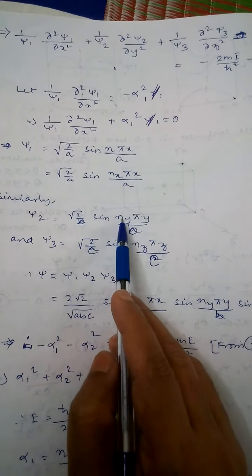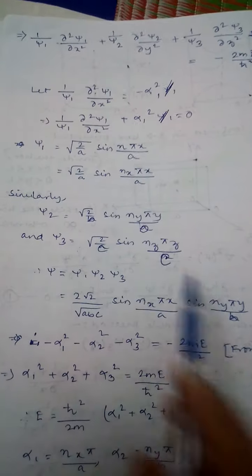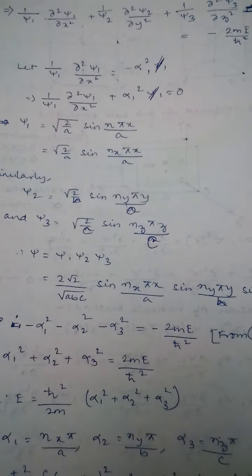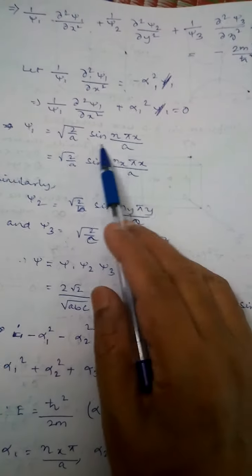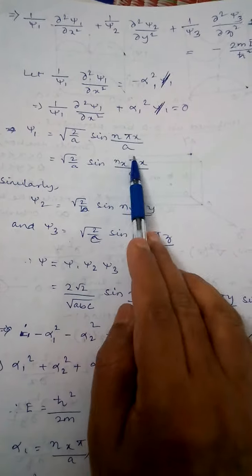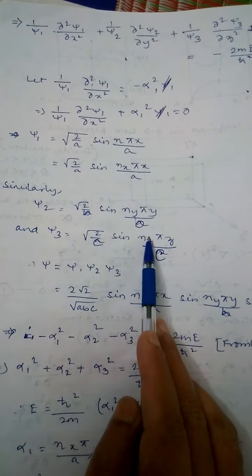So nx, ny, nz are three quantum numbers over here. Since it is not a one dimensional box potential problem, it is a three dimensional box potential problem, and separately we consider this x as if x coordinate, y as if y coordinate, z as if z coordinate.